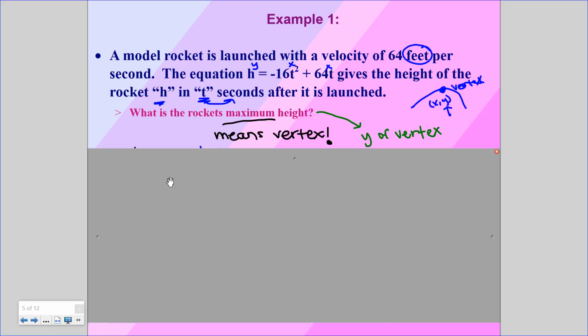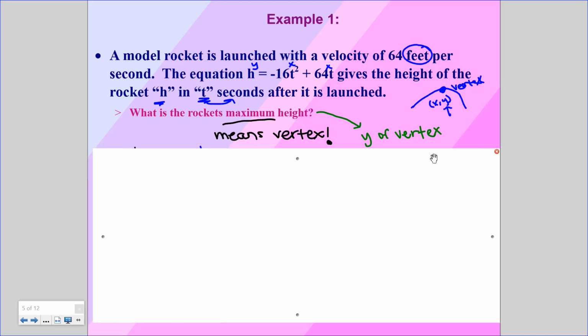So you're going to use your axis of symmetry formula, x equals negative b over 2a, to find what the x value would be, and then use that x value for your vertex to substitute in for t and solve for h, the y. Remember, x and t are interchangeable, h and y are interchangeable.